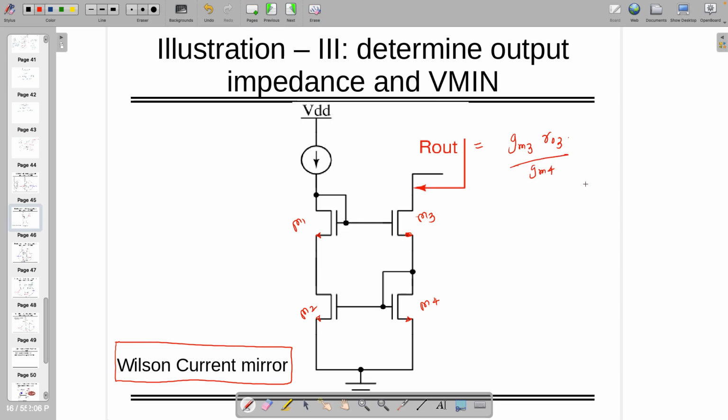So this is the R out. The only thing is here you are not getting too much gain in terms of R out. However, there is some gain actually. What about V out? Let's find out and tell me.